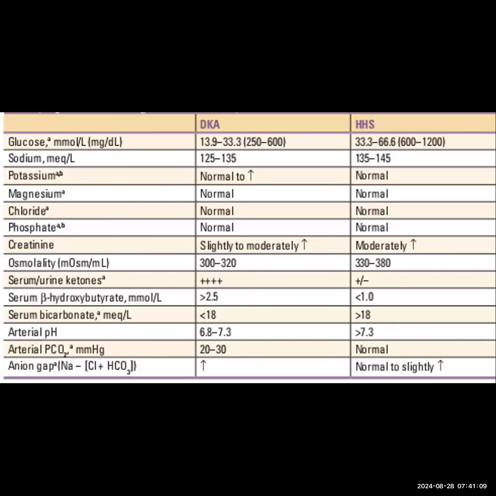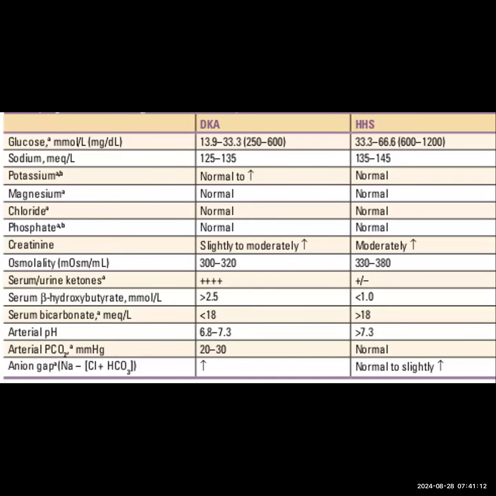Potassium could be elevated in DKA, normal in HHS. The osmolarity in DKA is between 300 to 320 milliosmol per mL, while in HHS it is 330 to about 380, essentially greater than 320.